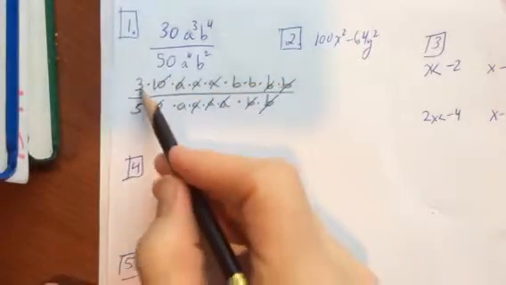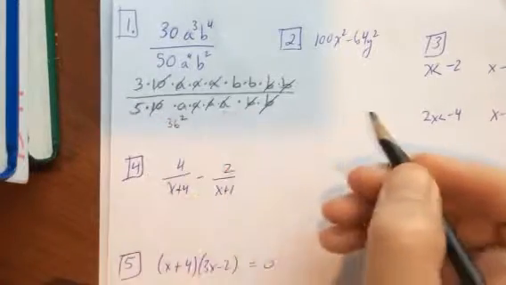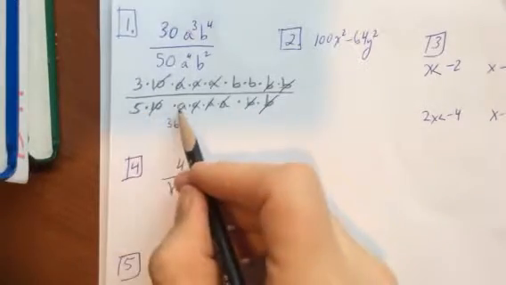So what's left is 3 times b, or 3b squared, divided by 5 times a.